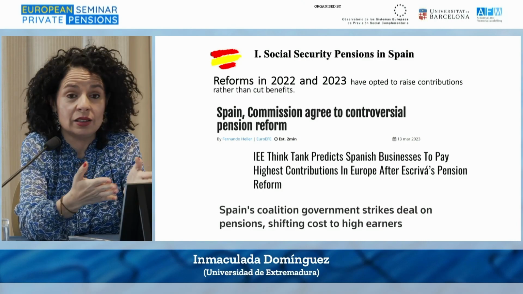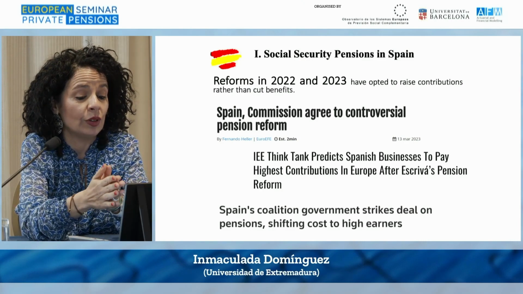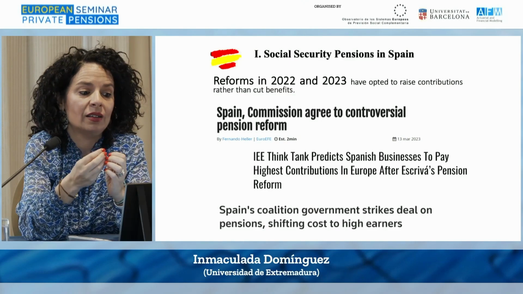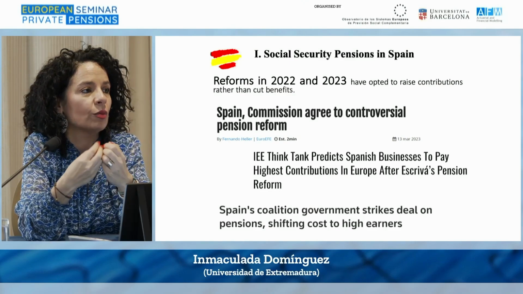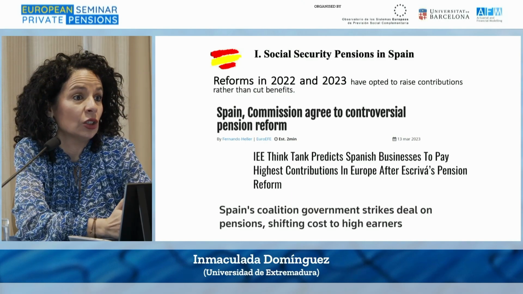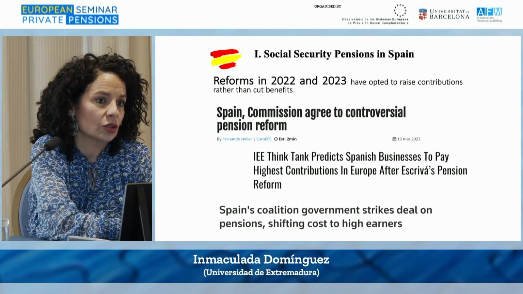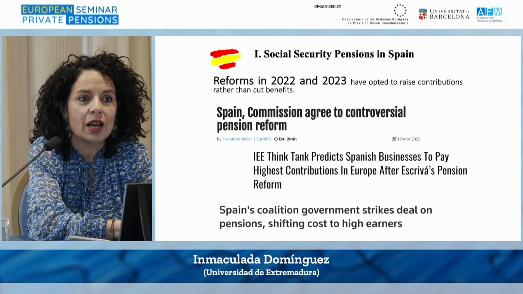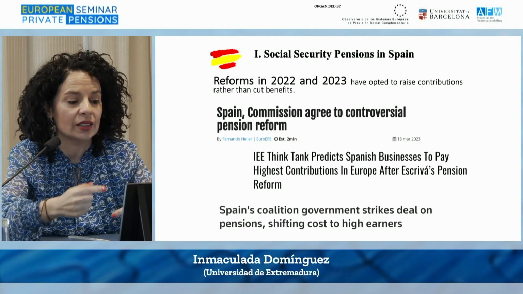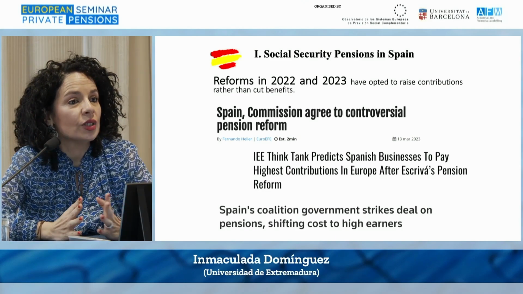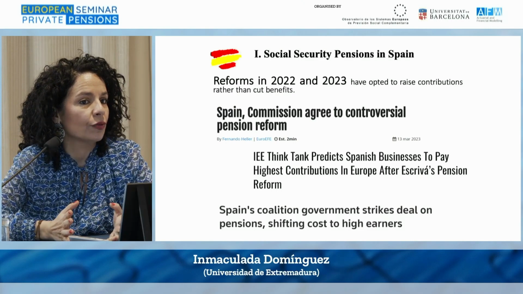And as I saw, the pension generates an important debt. And logically the Commission would say, be careful, you can make a reform, but not a reform that will increase the cost. You have to reduce the cost because you have a big problem, and the problem increases with time. But I don't know why, at the end, the Commission agrees with this reform.